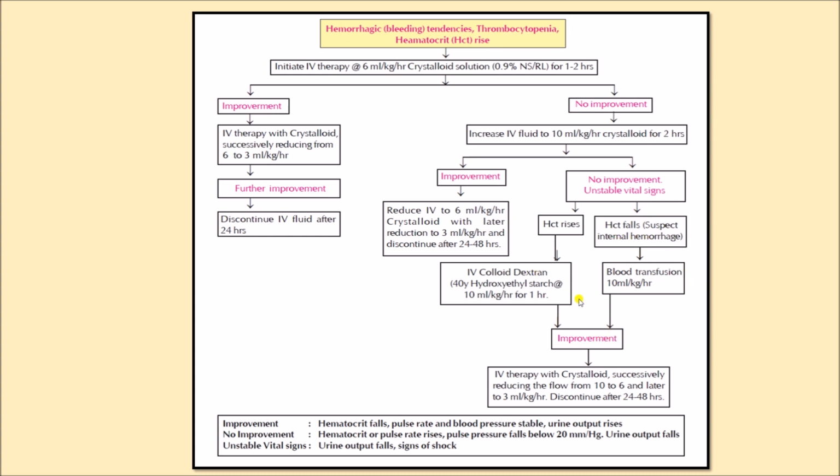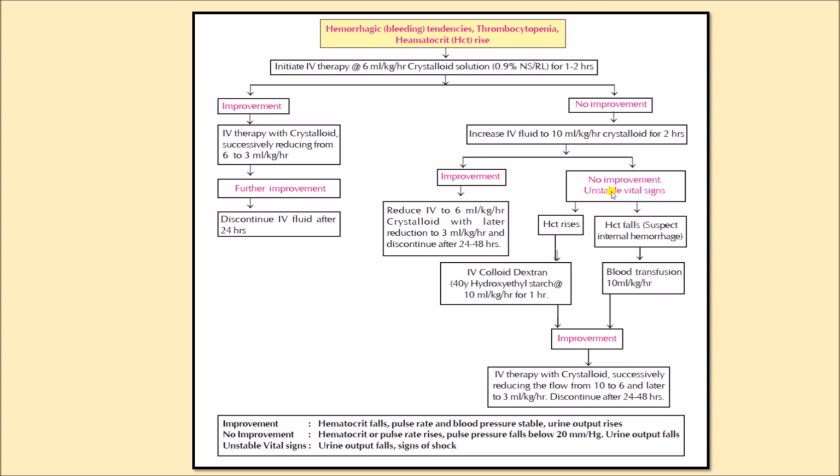After this, there may be improvement, and then we go back to the crystalloid solution from 10 ml to 6 ml per kg, then 6 ml to 3 ml per kg per hour, just like this one. And then we discontinue after 24 to 48 hours. When we say improvement, you can see in this flow chart, there are a lot of places where we have mentioned improvement or no improvement.